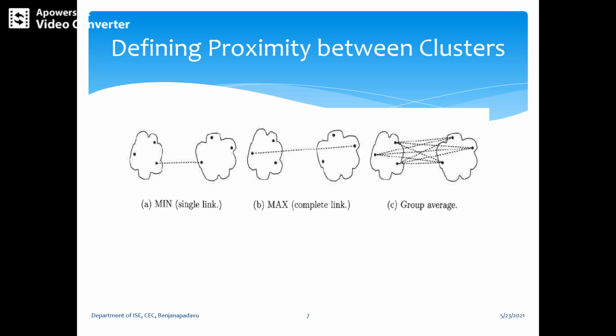Like k-means, Ward's method attempts to minimize the sum of the squared distances of points from their cluster centroid.